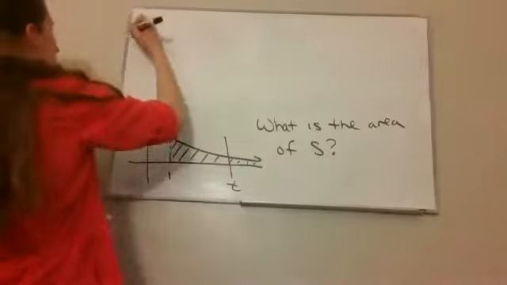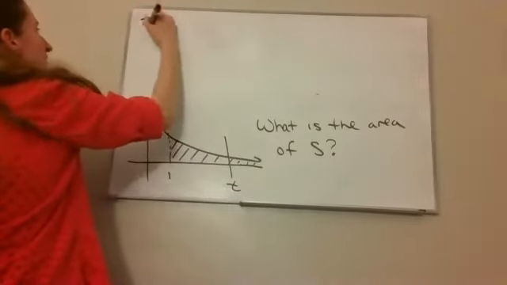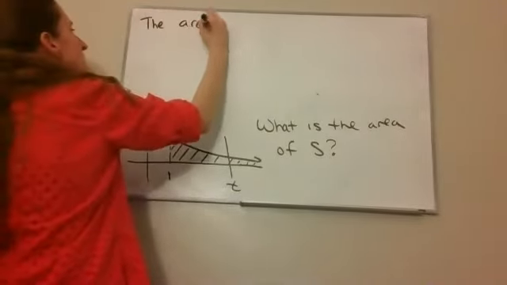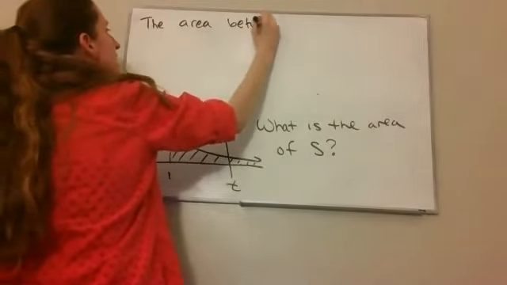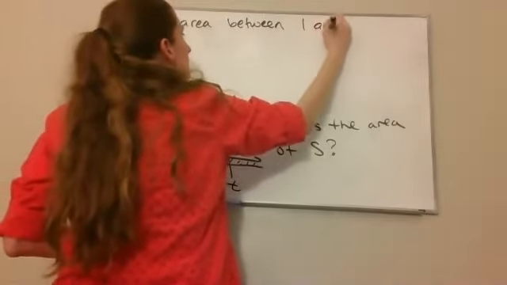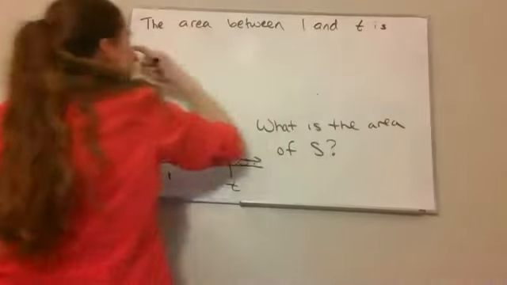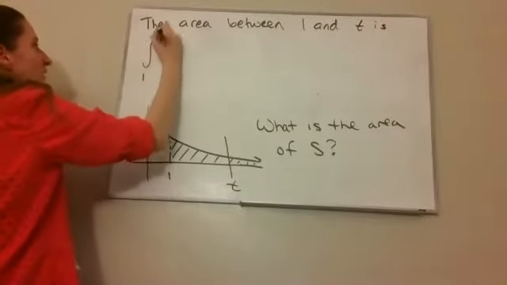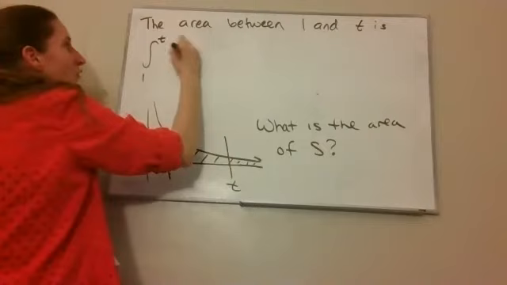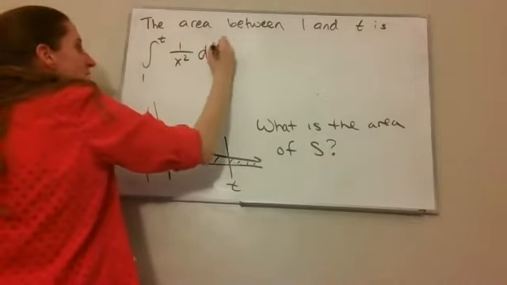So the area between 1 and t is given by the definite integral from 1 to t of my function dx.